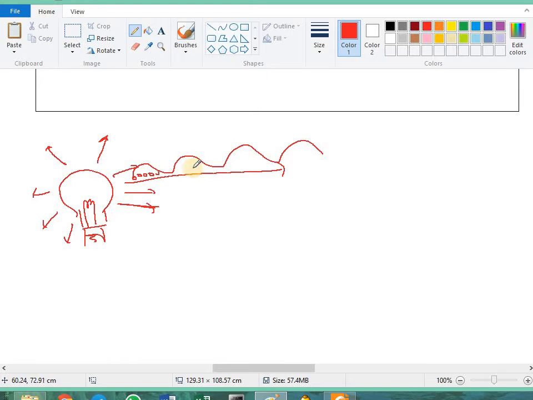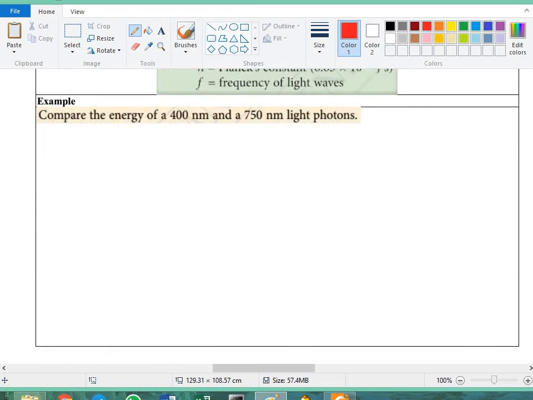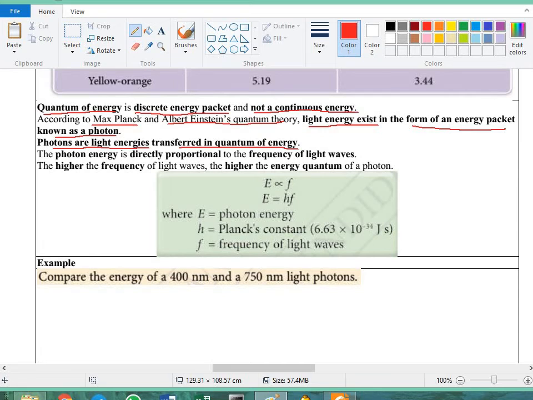And each energy packet is what we call a photon. So each packet of light energy is what we call a photon.